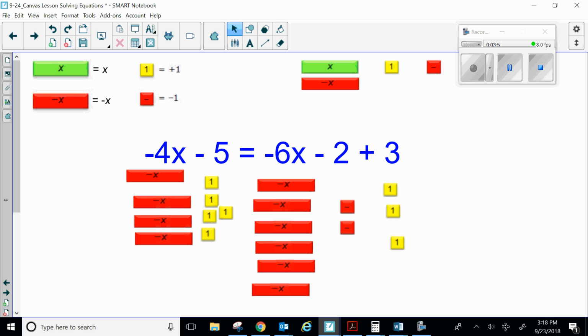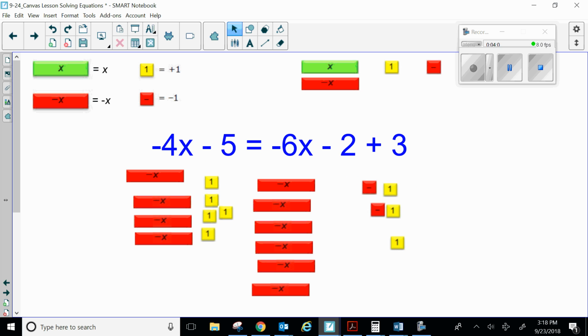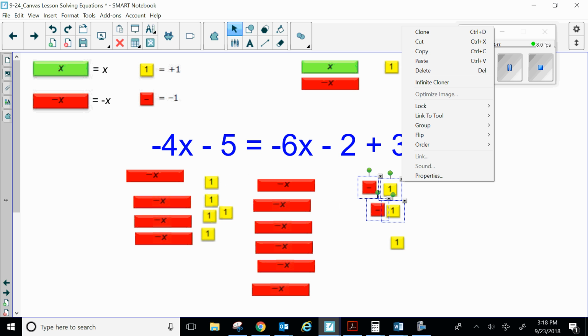Okay, so I can already tell that these 2 negatives will cancel out 2 of my positives. So I'm going to go ahead and eliminate those.